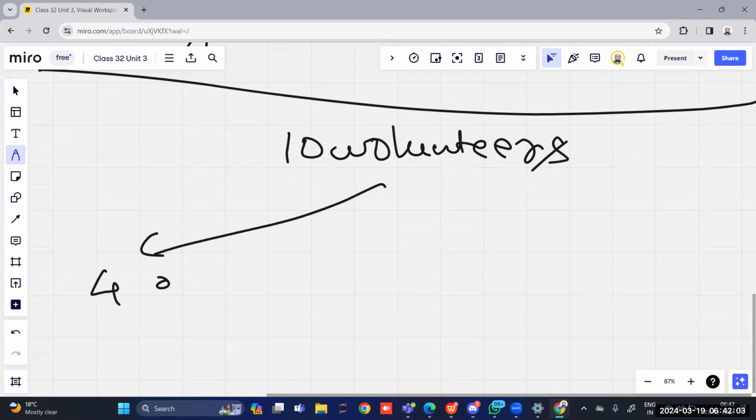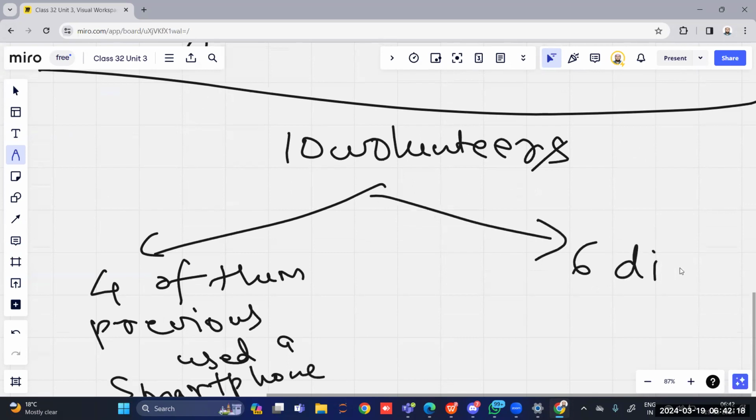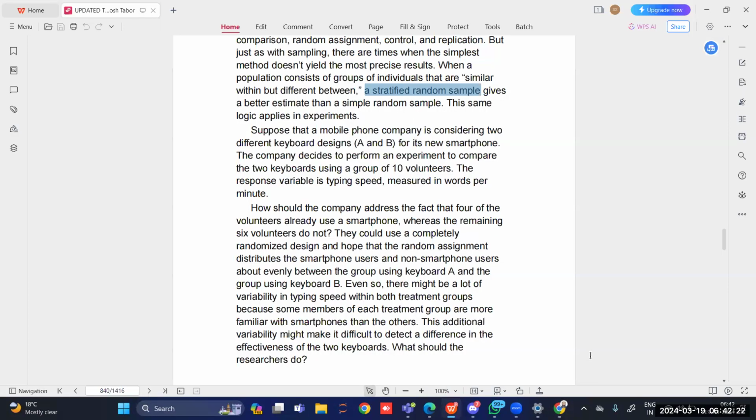That four of them previously used a smartphone, and six of them, the left six, didn't use.